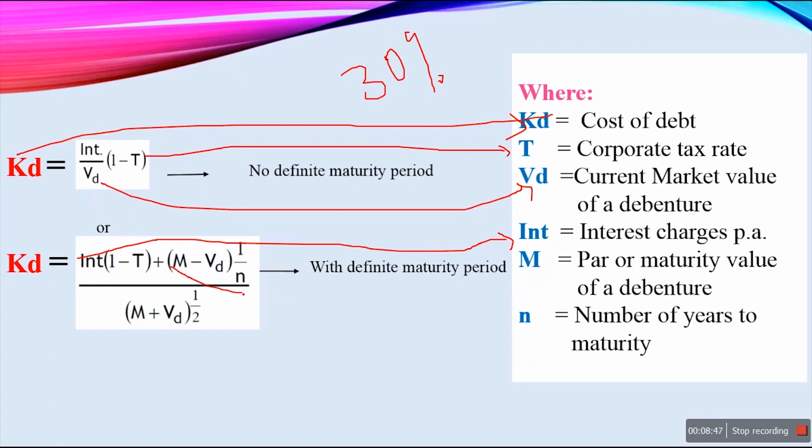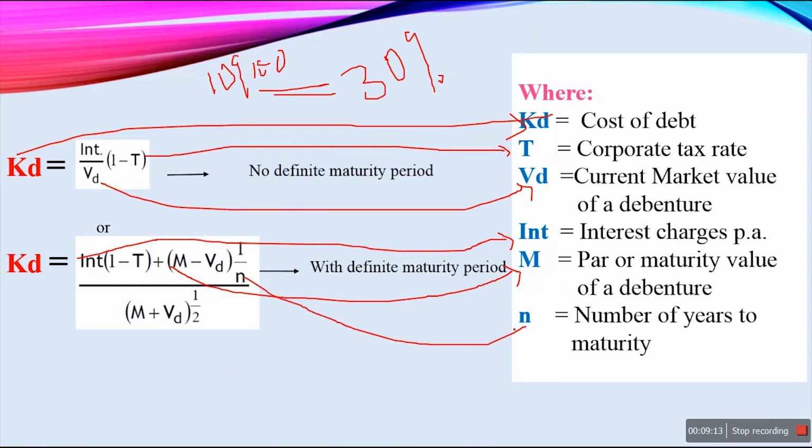Then, of course, here we have M, which represents the maturity value. And the maturity value is normally the par value, unless it is issued at a discount. Now, in this case, if we issue 10% debentures worth 100,000, then the 100,000 is the par value, or the maturity value also of that particular debenture.